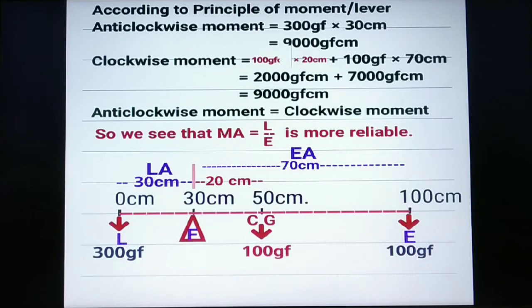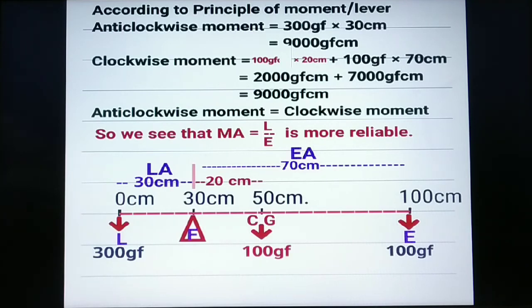Now, according to principle of moments or principle of lever, anti-clockwise moment is equal to 300 gram force into 30 centimeter, that is 9,000 gram force centimeter, and clockwise moment, that is 100 gram force into 20 centimeter plus 100 gram force into 70 centimeter, that is 2000 gram force centimeter plus 7000 gram force centimeter, that again gives 9000 gram force centimeter.